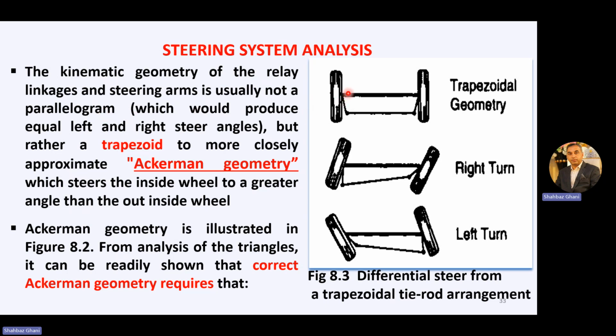Previously, we have talked about the parallelogram, but it is not actually a parallelogram, which would produce equal left and right steer angle, but rather a trapezoid to more closely approximate Ackermann geometry, which steers the inside wheel to a greater angle than the outside wheel.